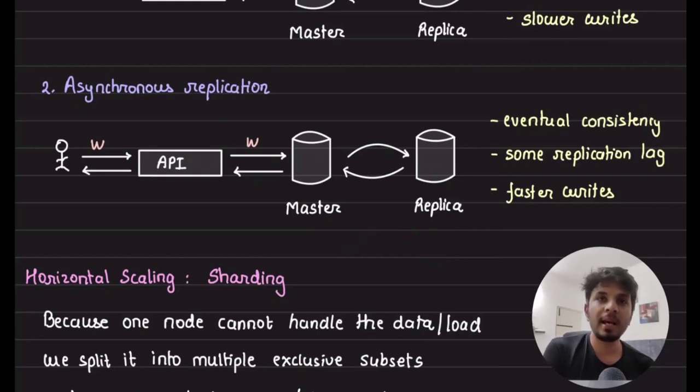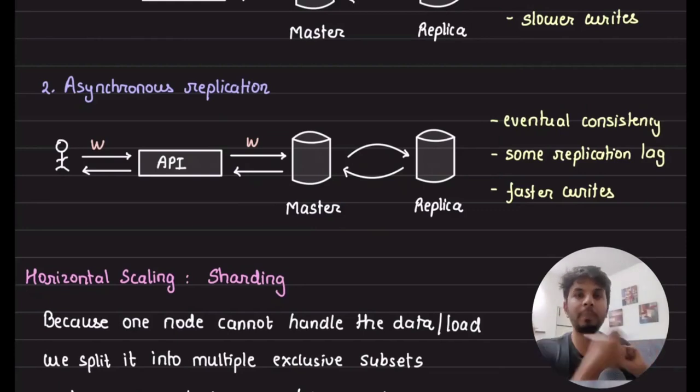What happens is the replica periodically pulls the data from the master. It knows that up until this point it has the data. It periodically checks with the master and says, hey, what's next after this? So the master sends all the queries that have been fired after that, and the replica applies those on itself. This way, instead of the master pushing the data, the replica pulls it periodically from the master.